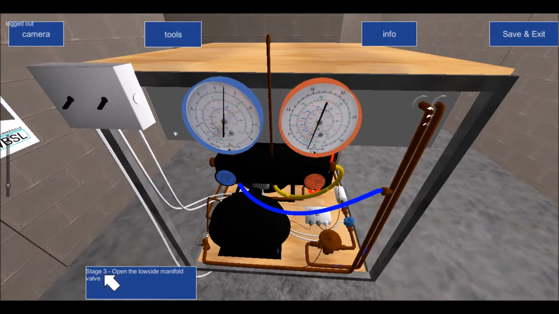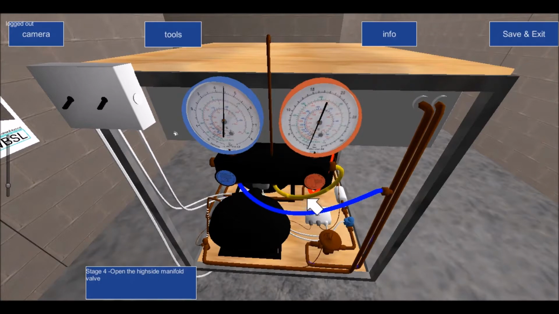So how we do that, stage 3 is open the low side manifold valve. So when I open this valve here, refrigerant is now going from my gauge into the manifold, into the body itself, so into this black area here. Now that means that this yellow line, and this is something that you're going to have to be careful of when you come to site, make sure that yellow line is blanked.